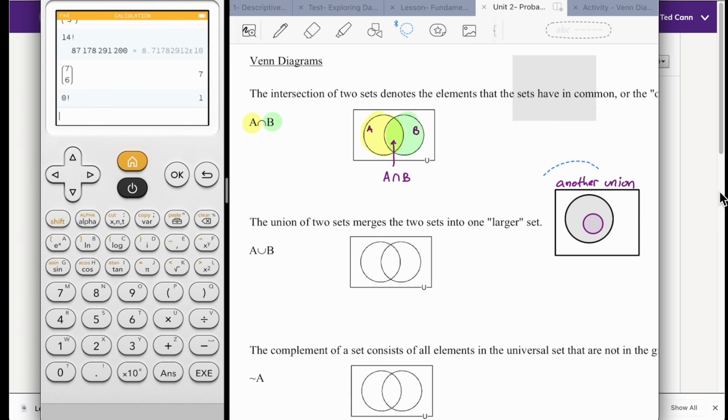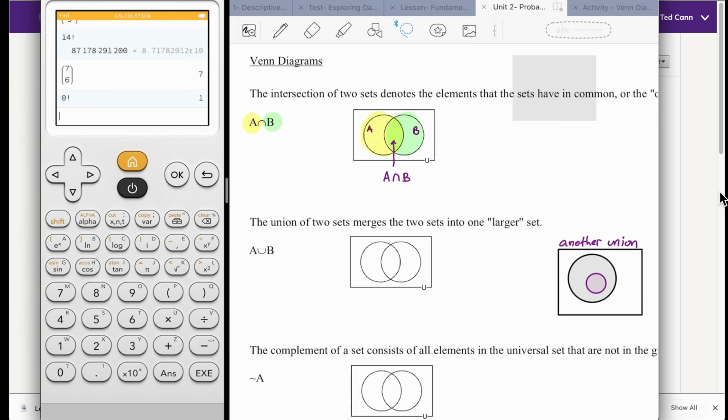But in this case, where we assume that there is just some overlap, what we would do is we would take person A, all their earthly belongings, person B, all their earthly belongings, and the union would be any part of the Venn diagram that's shaded. All right. So the first one is just the overlap. The second one would be any part that's shaded.